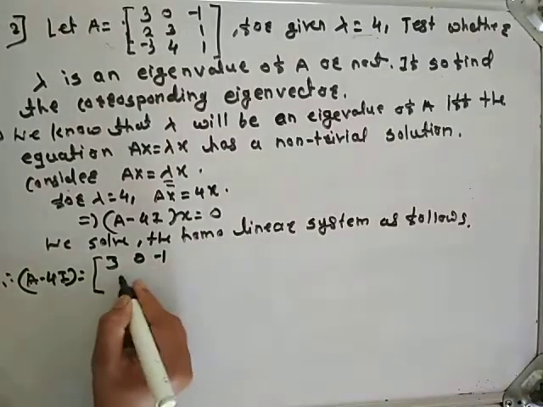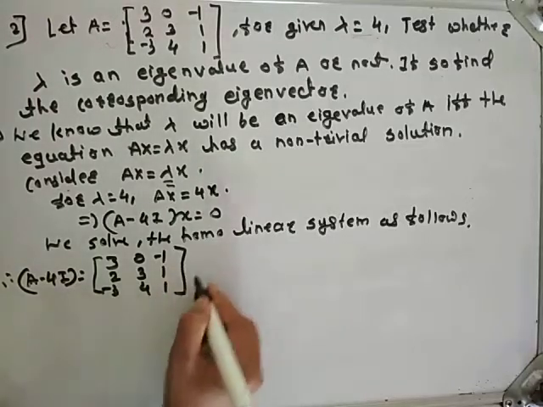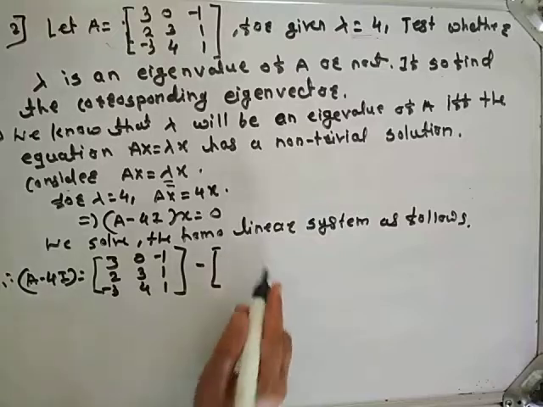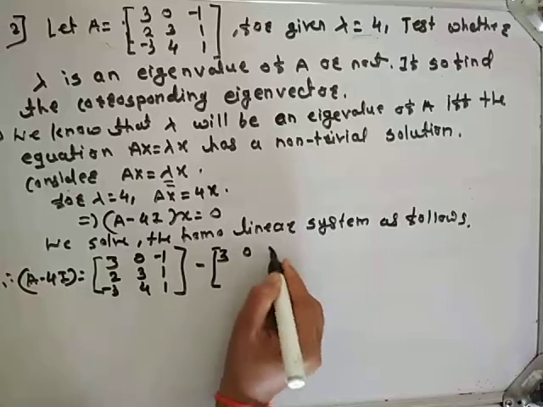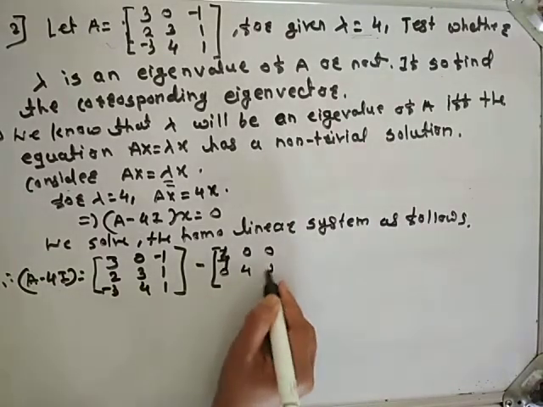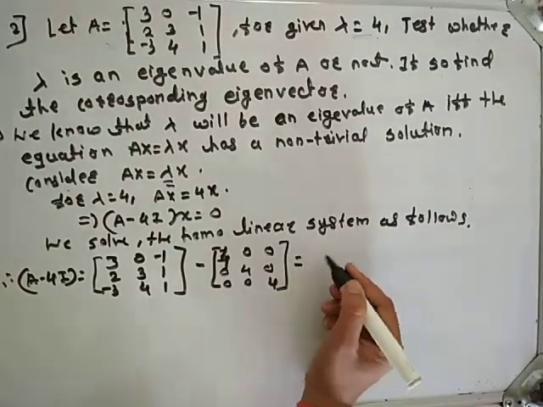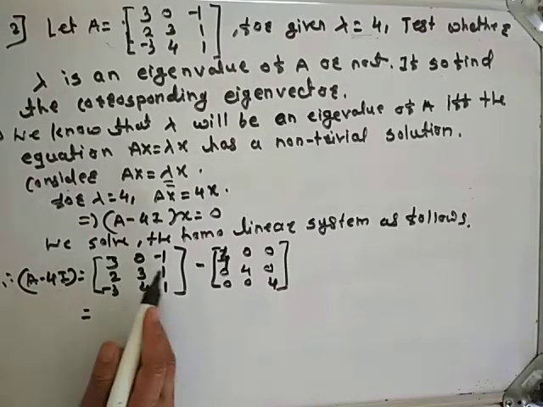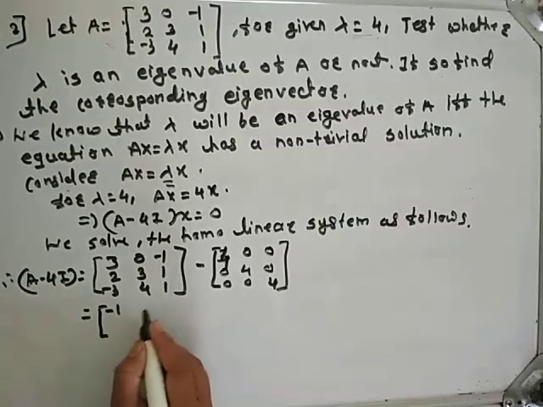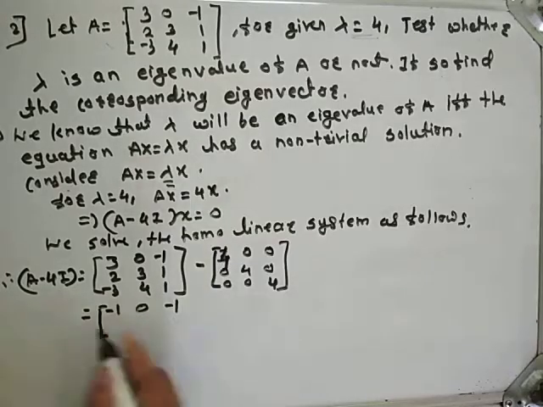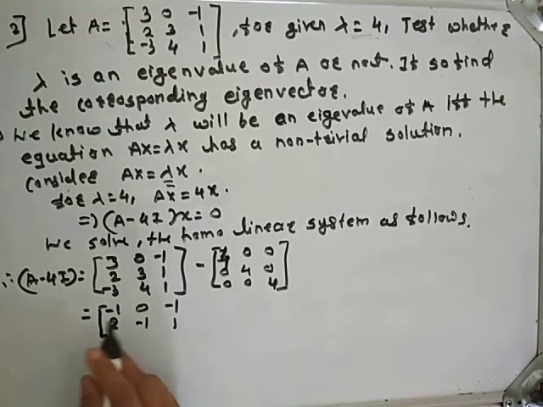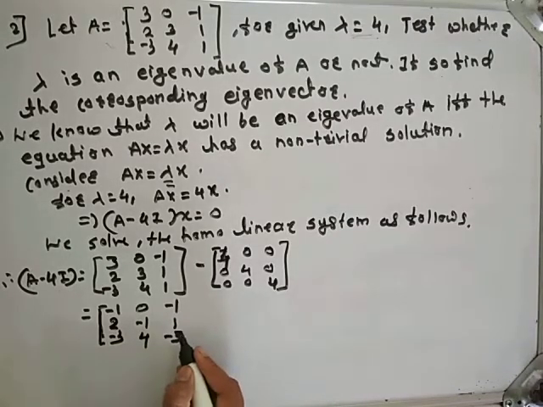Matrix A is 3, 0, minus 1, 2, 3, 1, minus 3, 4, 5, minus 4 into I. Here A is of order 3 by 3, so I is of order 3 by 3. 4 into I is 4, 0, 0, 0, 4, 0, 0, 0, 4, which is equal to, I will write here, see here students, 3 minus 4 is minus 1, 0 minus 0 is 0, minus 1 minus 0 is minus 1, 2 minus 0 is 2, 3 minus 4 is minus 1, 1 minus 0 is 1, minus 3 minus 0 is minus 3, 4 minus 0 is 4, and 5 minus 4 is 1.